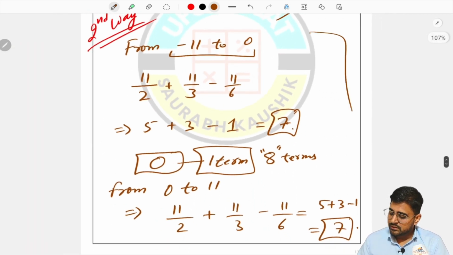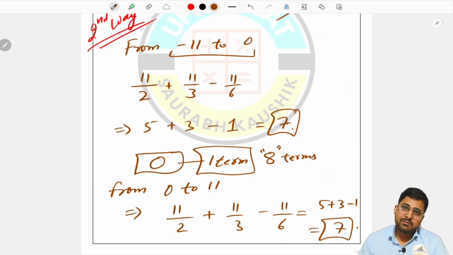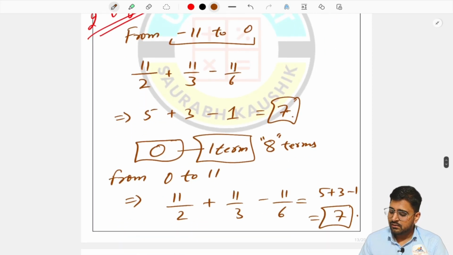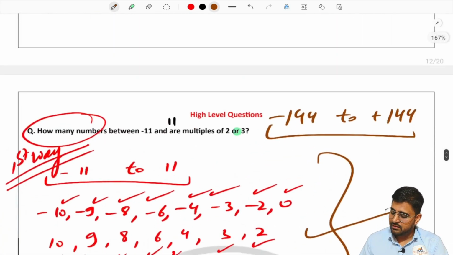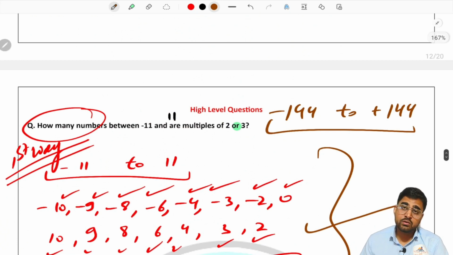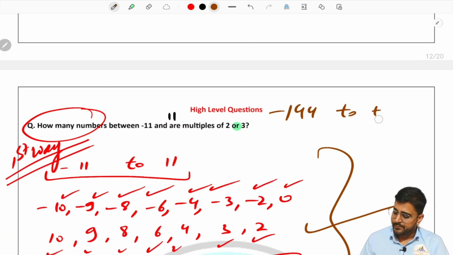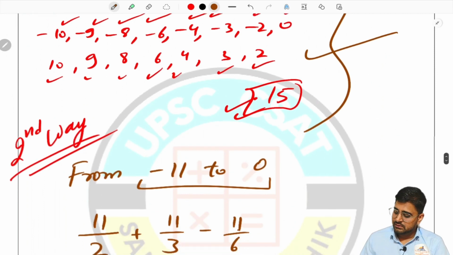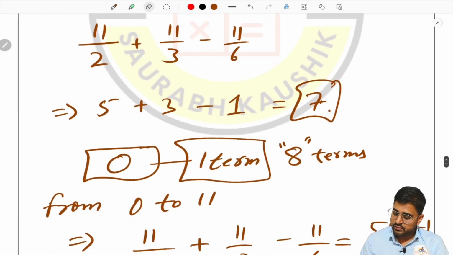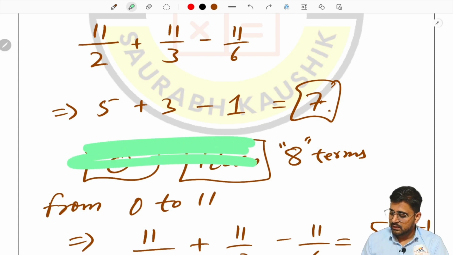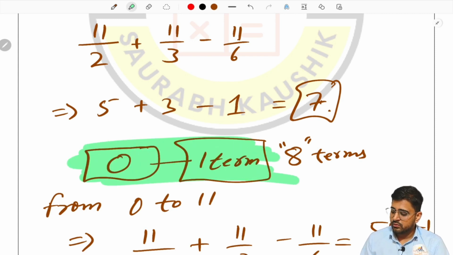Know this way to solve the question, then it will be very good for a huge number like minus 144 to positive 144. And please don't forget to include zero. This is a key. People usually forget to include zero.